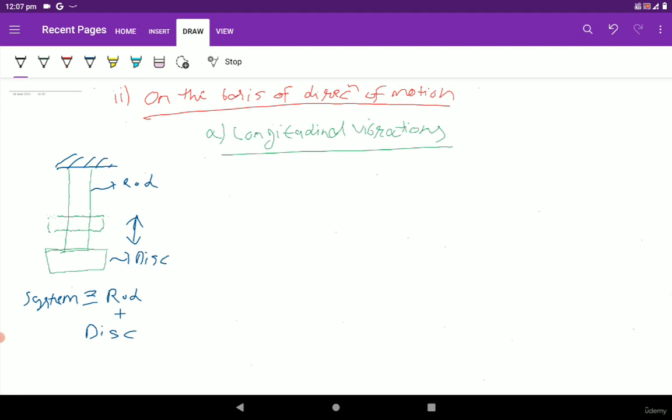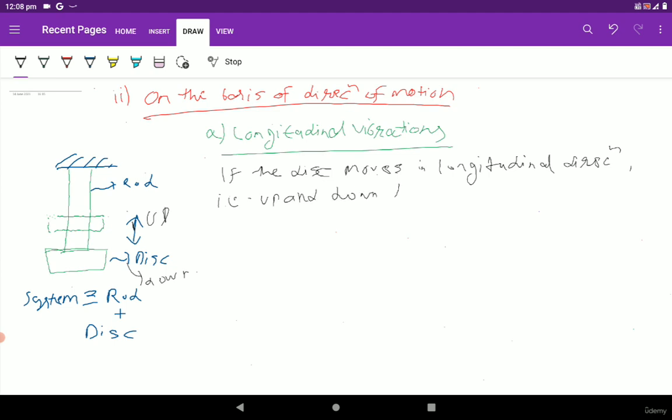If the disc moves in longitudinal direction, that is in the up and down direction, then the vibration is called longitudinal vibration.